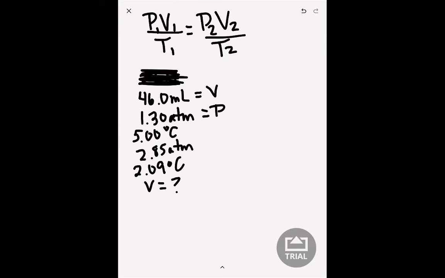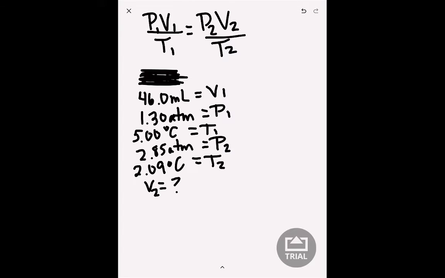At a temperature of 5, so we know that's a temperature. It's dropped into a lake and sinks to a depth where the pressure is 2.85 atmospheres, so that is another pressure. The temperature is 2.09, that is another temperature, and we want to know what the volume would be. So, if it has this volume, this pressure, this temperature, and then we drop it into the lake, and this is the new pressure, the new temperature, and we want to know what the new volume would be.